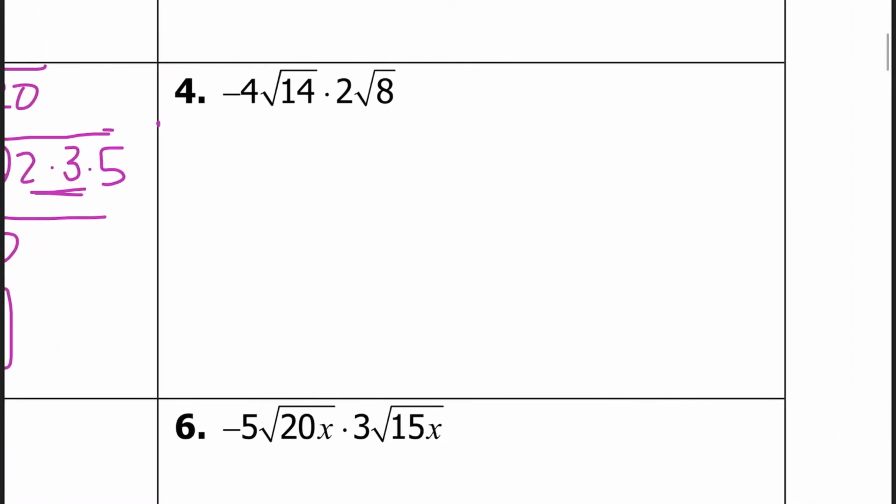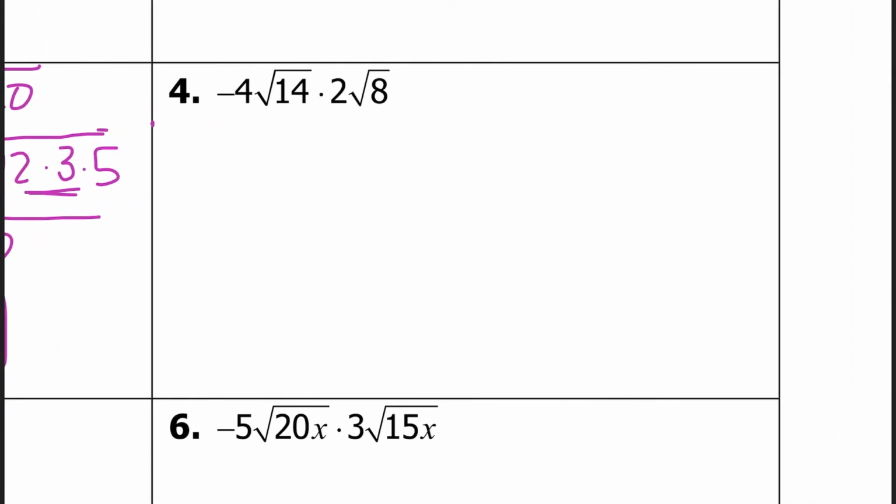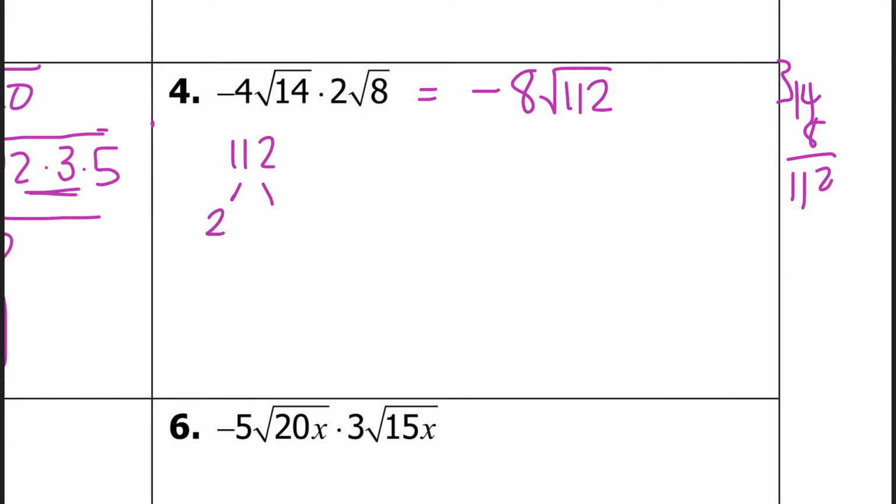Let's go to number 4. Negative 4 times 2 is negative 8. And 14 times 8 is, I don't even know, and I don't have my calculator handy. Let's see, 112. All right, let's break down 112. If I divide by 2, that would be 56. 56 is 8 times 7. 8 is 4 times 2, and 4 is 2 times 2.